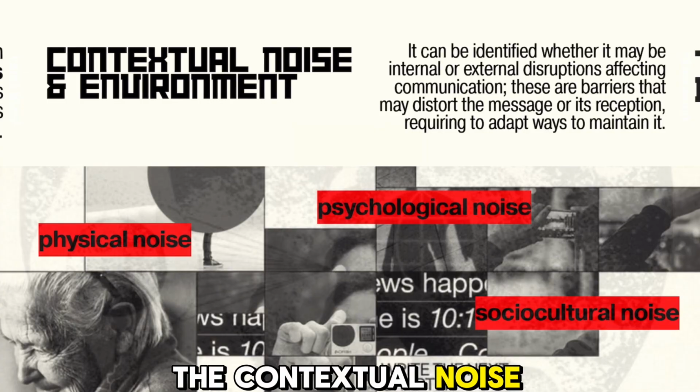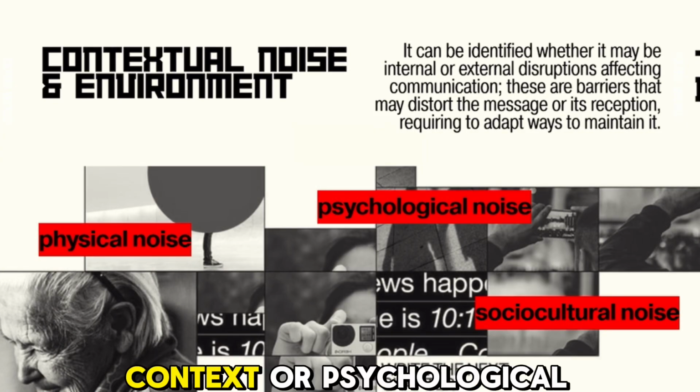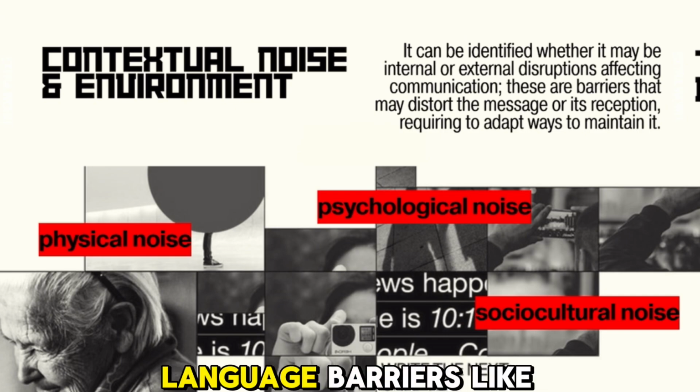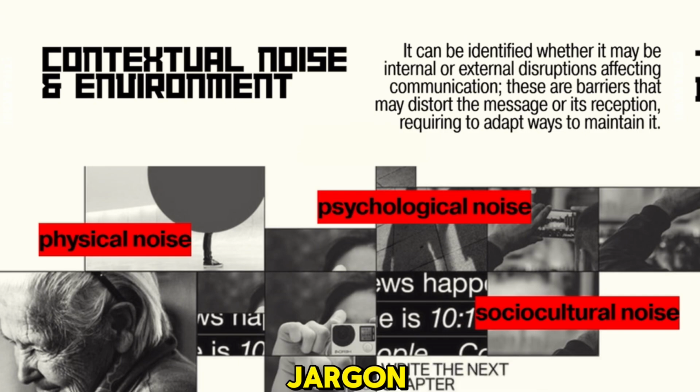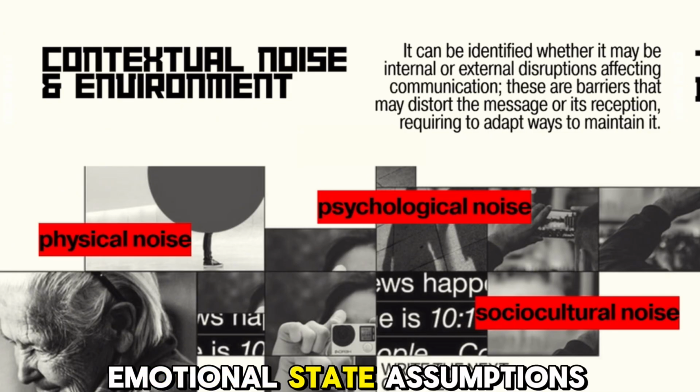The contextual noise are any interferences that arise from the meaning, context, or psychological state of the communicators rather than the physical setting. It distorts the message's interpretation. Some examples are language barriers like jargon, slang, or unclear wording, cultural differences, emotional state, assumptions.